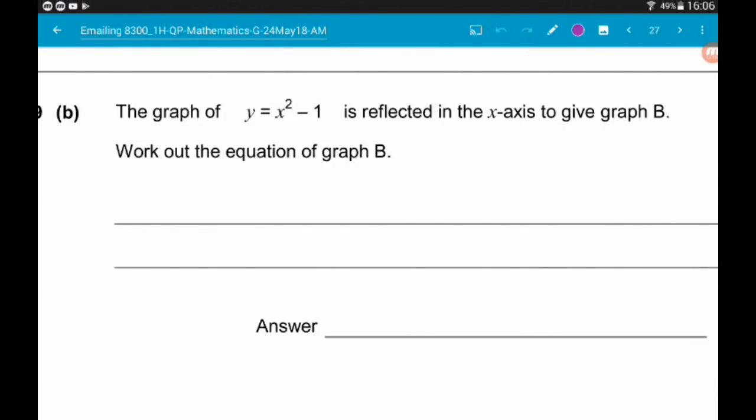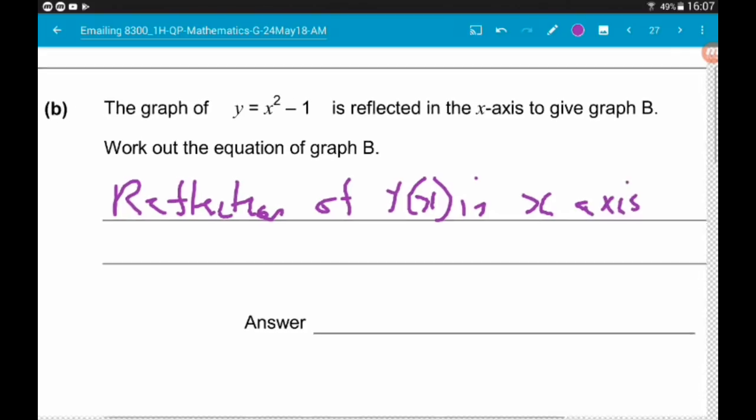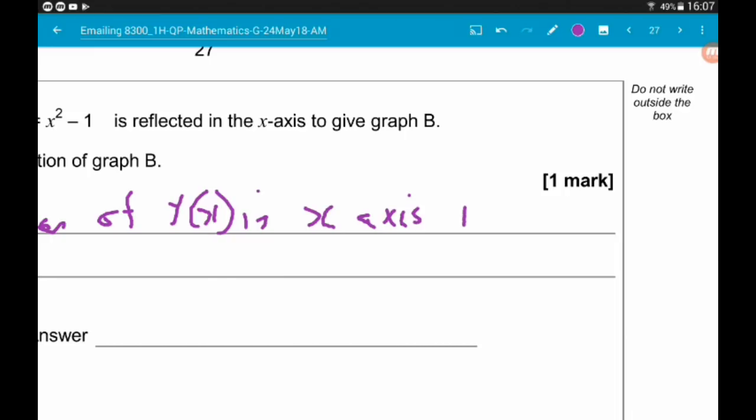29b says the graph y equals x squared minus 1 is reflected in the x-axis to give graph B. We want to work out the equation of graph B. So, a reflection of f of x in the x-axis is given by minus f of x.